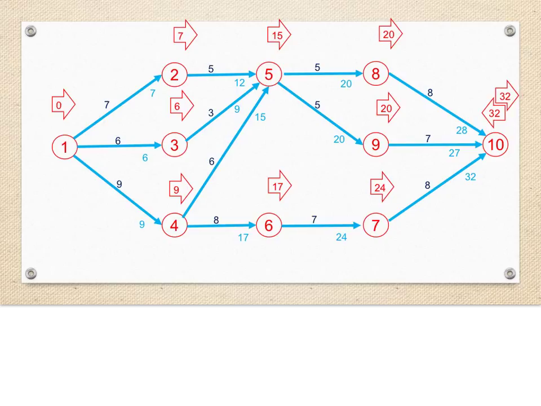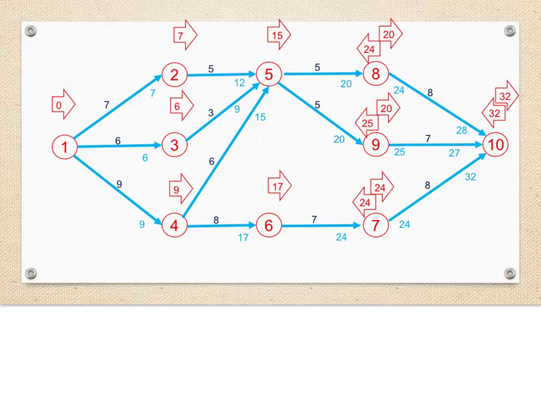Now, let's begin the backwards path to determine the latest start times. The earliest start time of 32 days becomes the latest finish time of event 10, 32 days. We subtract the durations from the 32 days to get a latest start time of task 8.10 of 24 days, latest start time of task 9.10 of 25 days, and the latest start time of task 7.10 of 24 days.